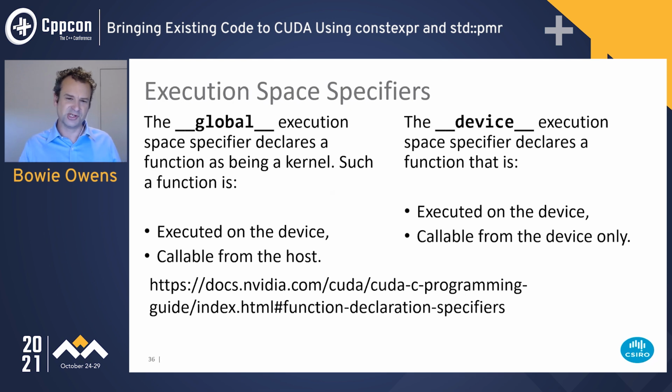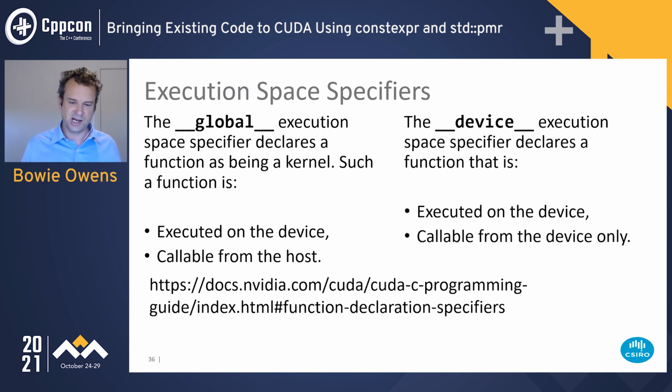Now, I said the important details around these execution space specifiers are where it can be called and where it will then be executed. So the __global__ specifier indicates that the function is executed on the device, but callable from the host. So you call it on the CPU, it executes on the GPU.